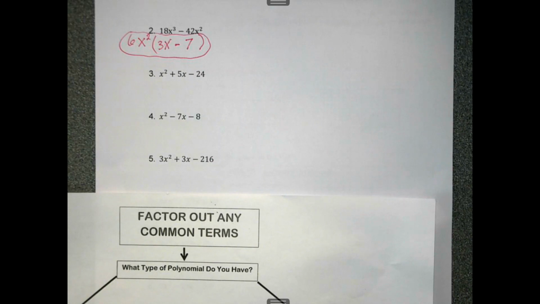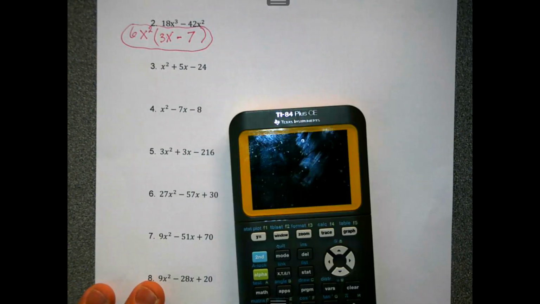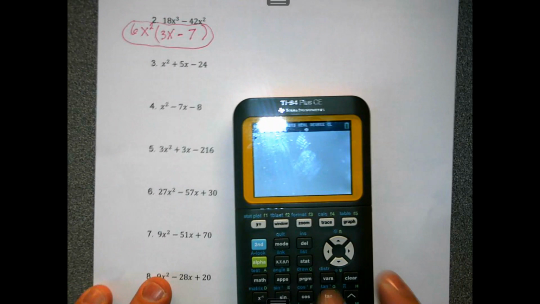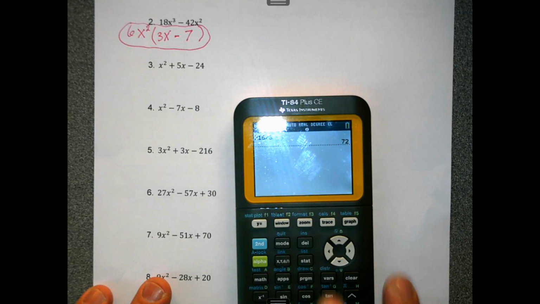Chances are looking pretty good that 3 is going to be a factor of 216 because we have 3 twice here. So I'm going to just try it on my calculator here. Let's see, 216, does it divide evenly by 3? And sure enough, it's 72.